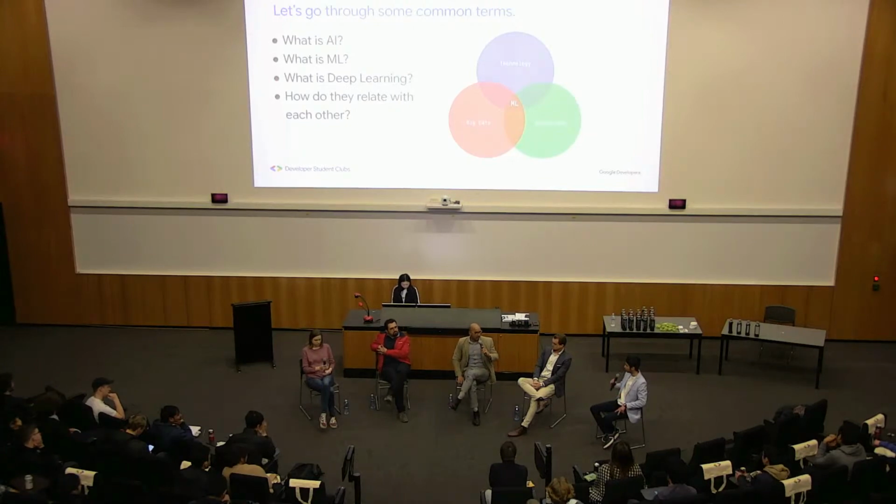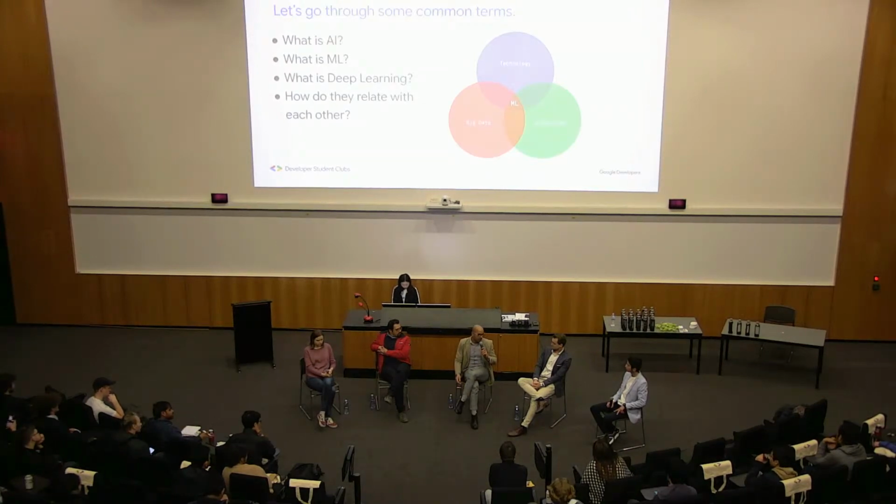So here's the thing: we are not focusing on programming routines. That's not what machine learning expects from us. So we are teaching the computer to learn those routines by themselves.